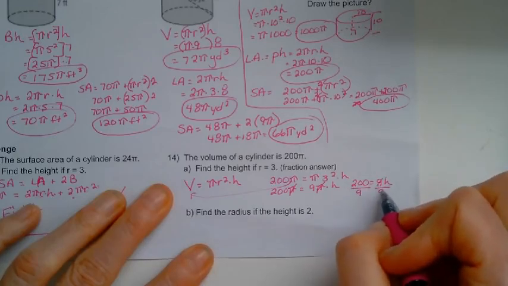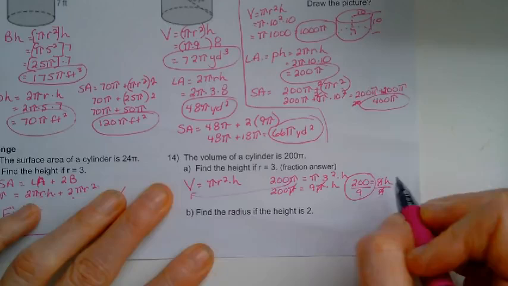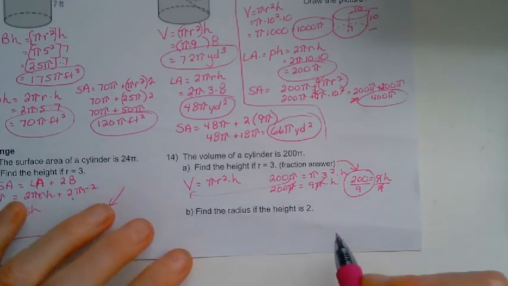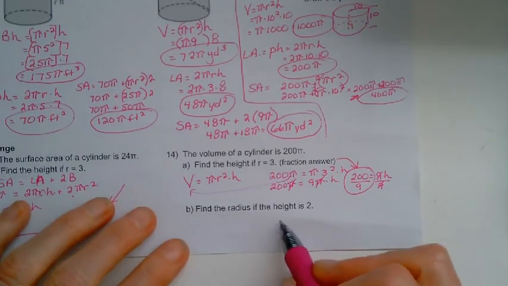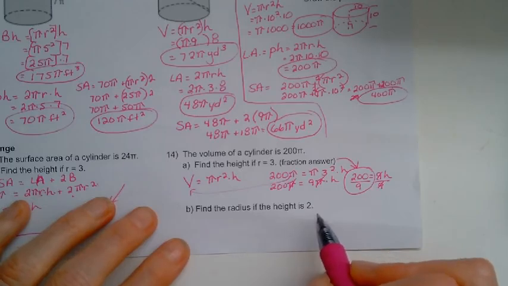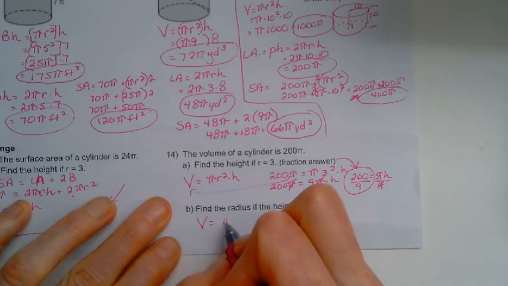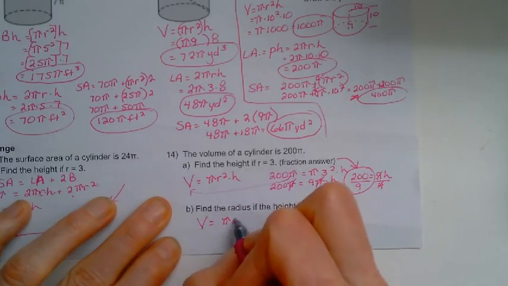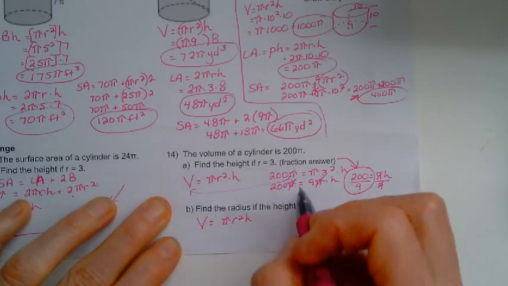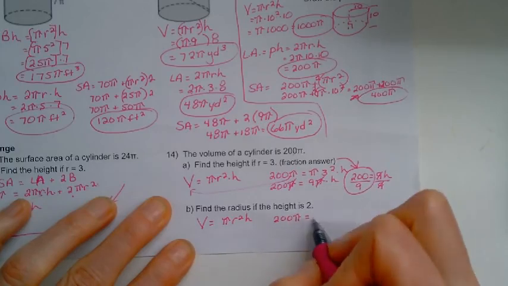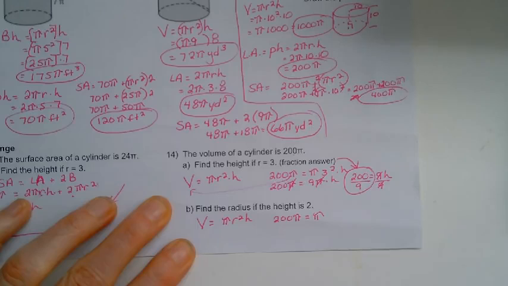Now let's find the radius if the height is equal to 2. Well, we'll use the same formula for the volume of a cylinder, since that's what we're given. Now we'll plug in the volume is 200 pi, and that equals pi times r squared. We don't know what r is, and the height is 2. So now we're going to solve this equation right here for r.